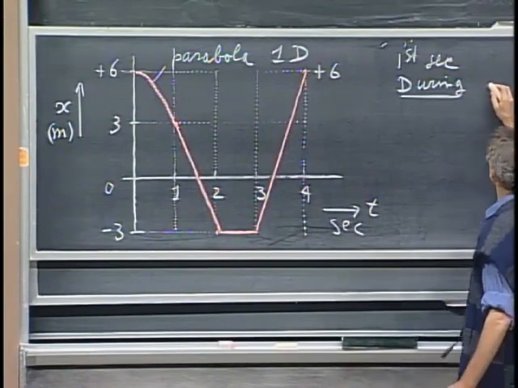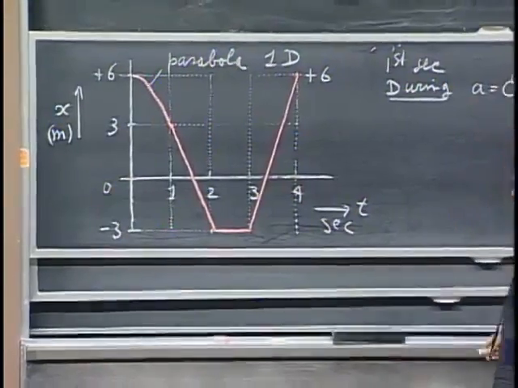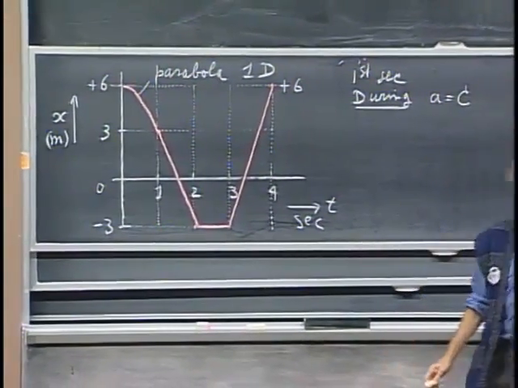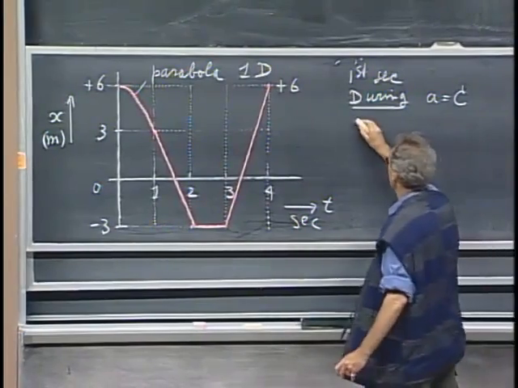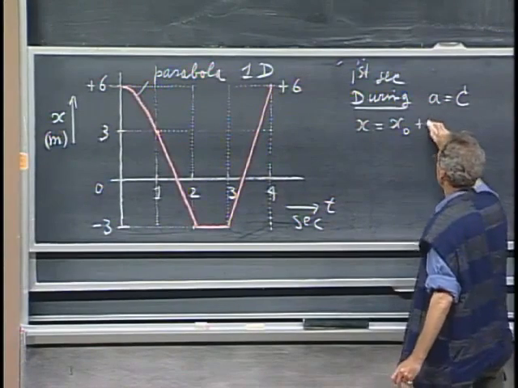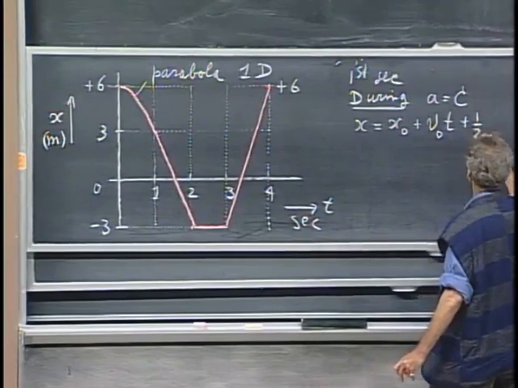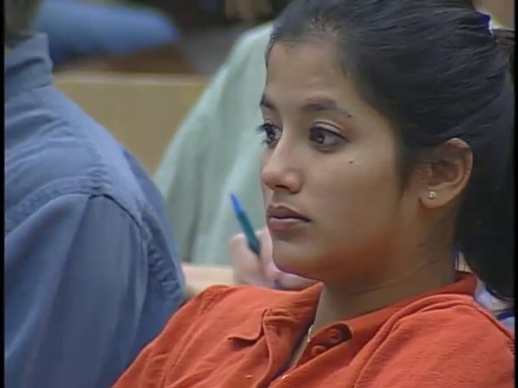So I hope you will conclude immediately that a must be a constant. If a is a constant, the position x as a function of time should change as follows: x0 plus v0t plus 1/2 a t squared. I expect you to know this equation.